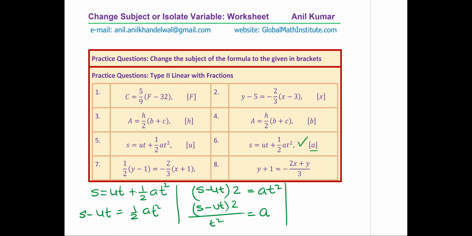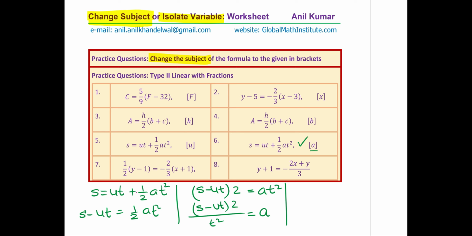So I'm using the two terms, change the variable, change the subject, and isolate variable, right? So in many parts of the world, we use change subject as written in this particular question, and sometimes we also say isolate the variables, right?